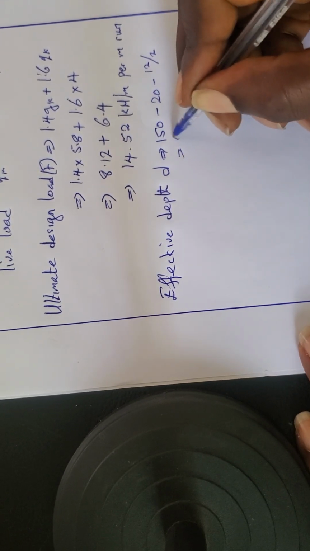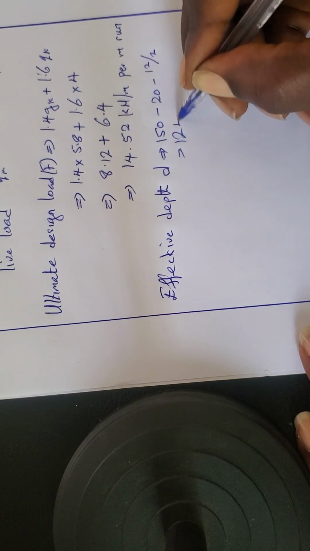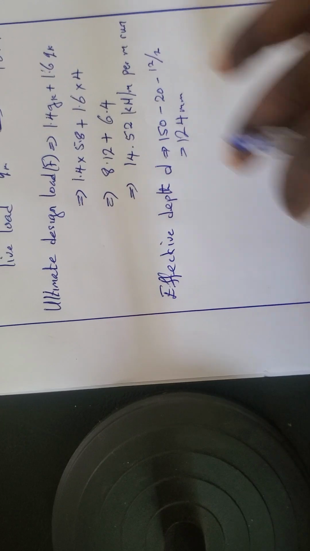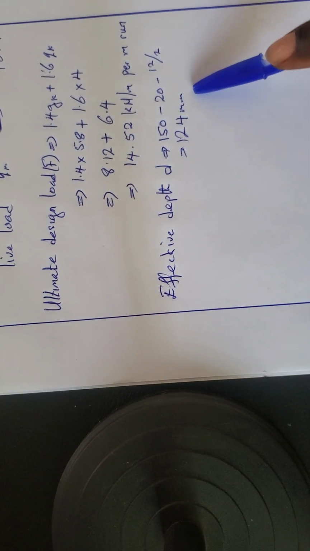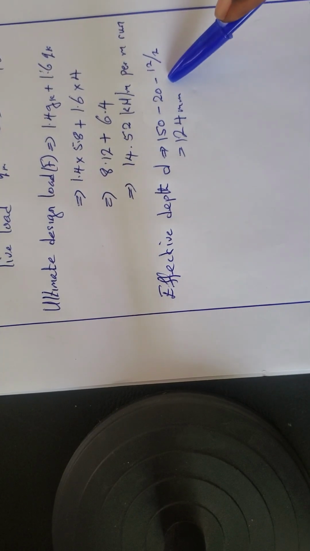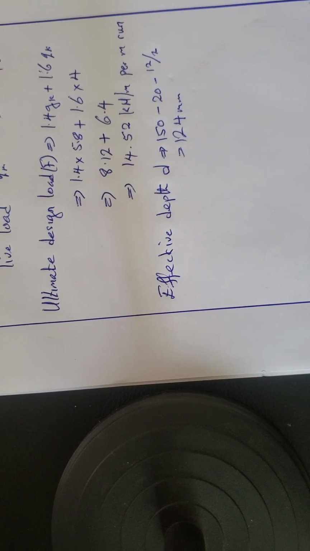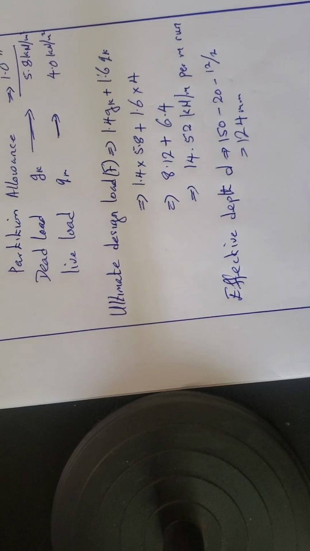This will give me 124 millimeter, which we are going to be using, because we are going to give a 20 millimeter concrete cover. So that is that for the loading on this slab.